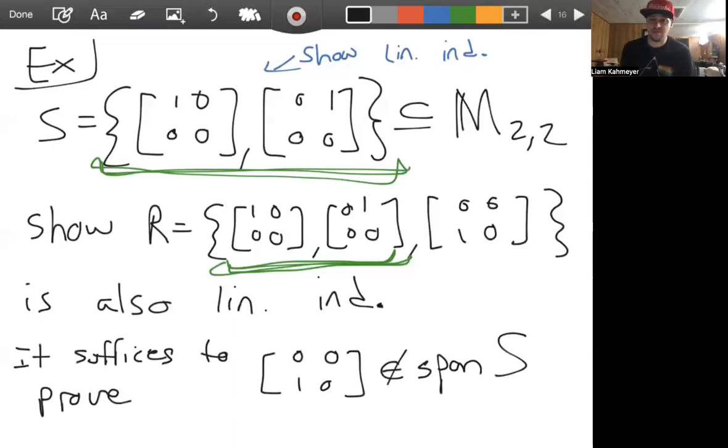And then we can apply this lemma that we've just proven to show that R is also linearly independent.